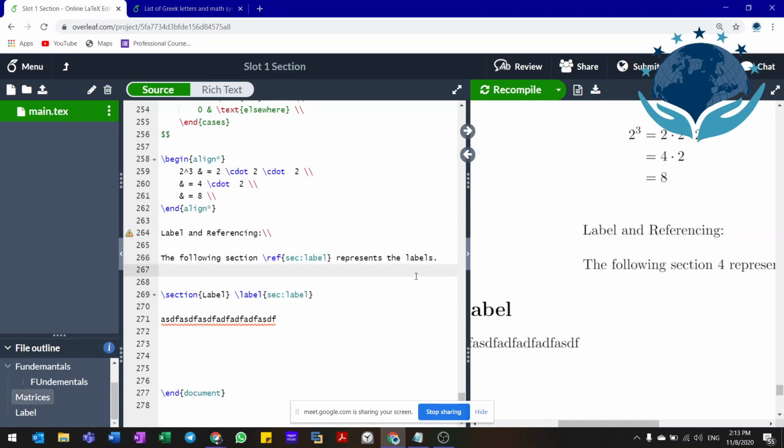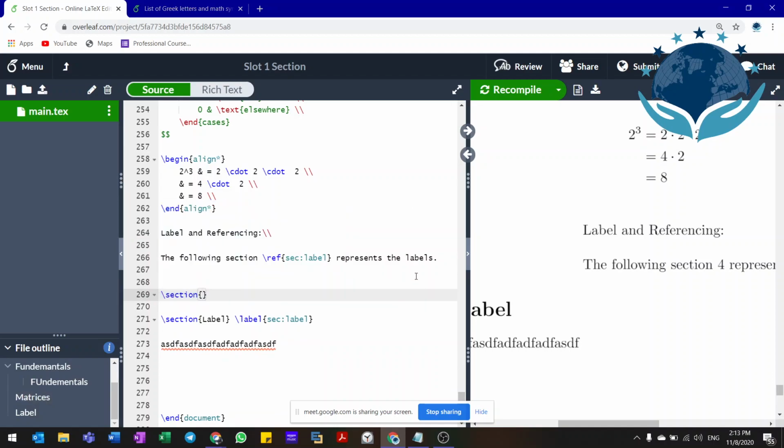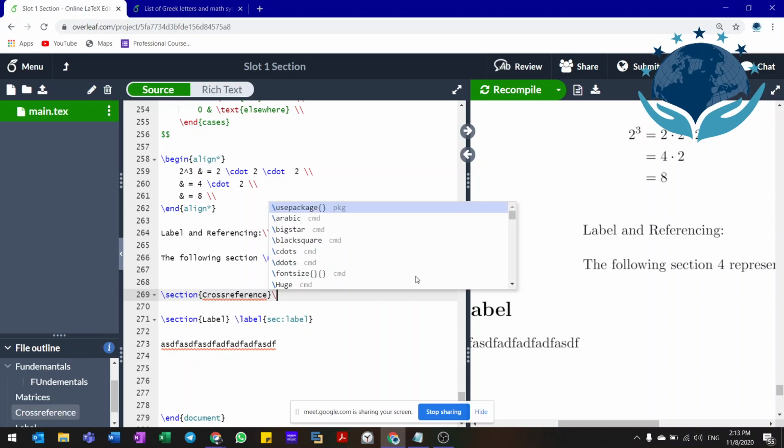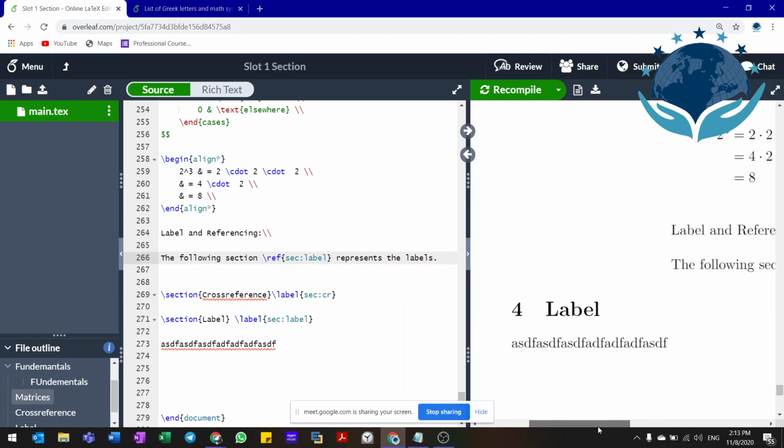Now, let's say you are going to give one more section here. Let's say section cross reference. Now here it is going to be labeled as sec colon CR. Now you have to see that before this I have inserted one more section called cross reference, so it will become 5.